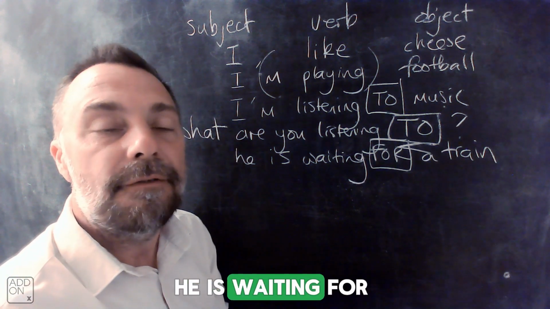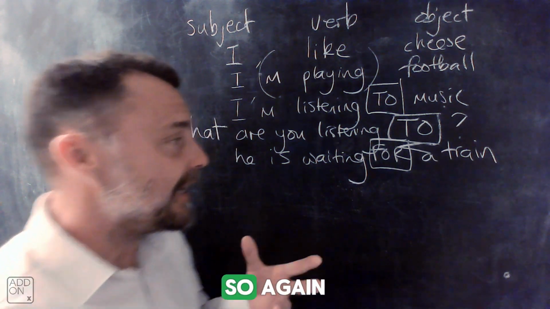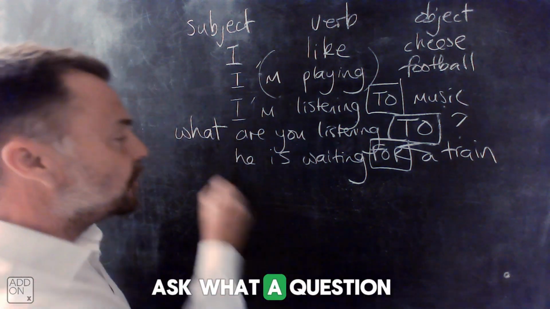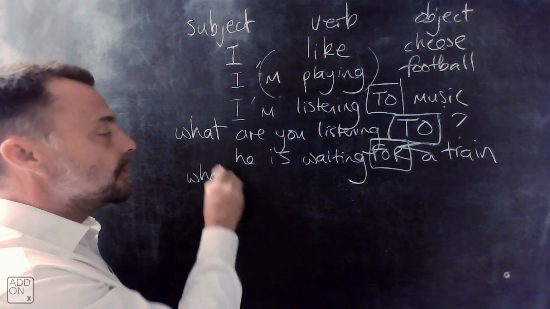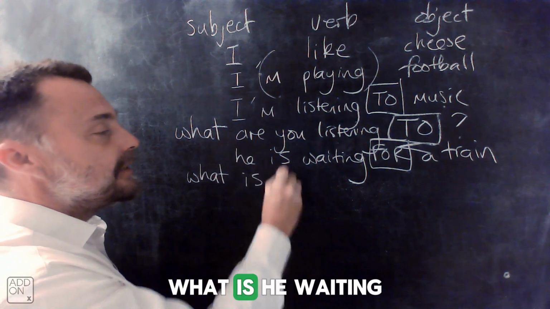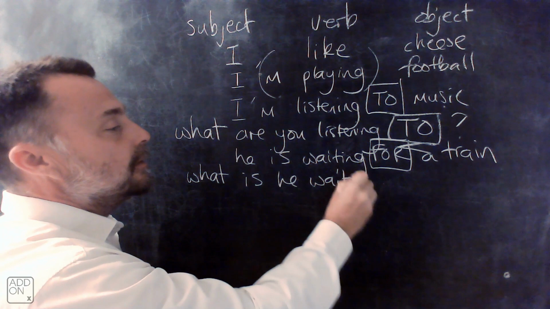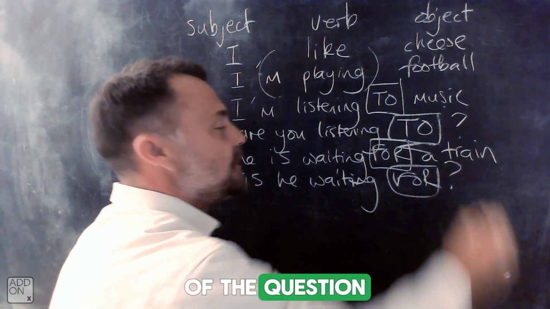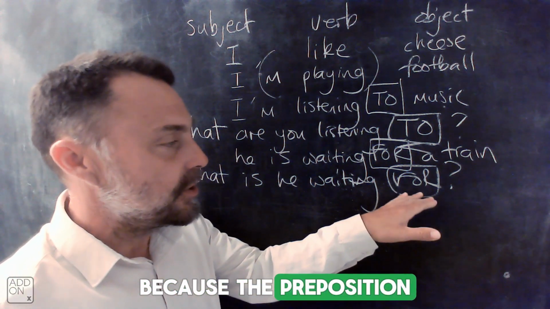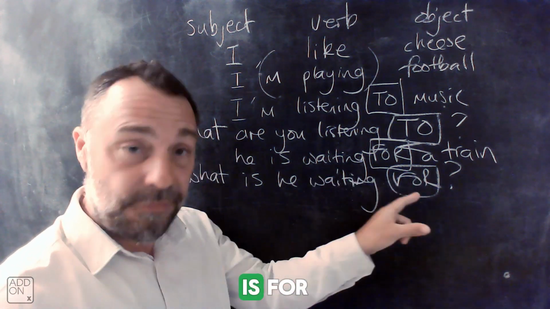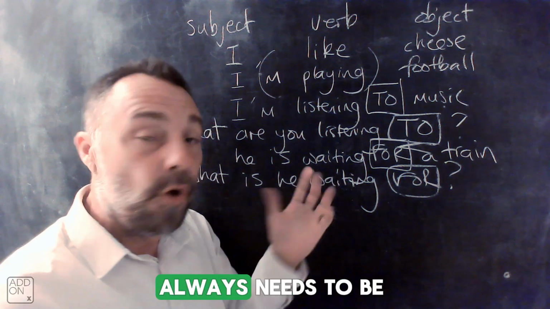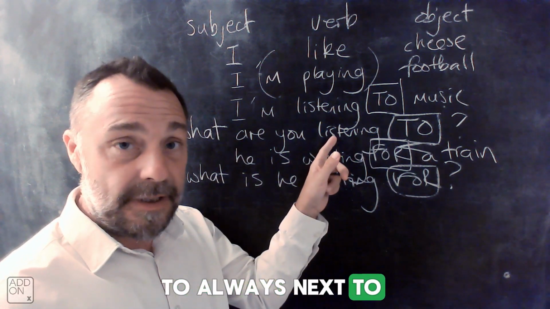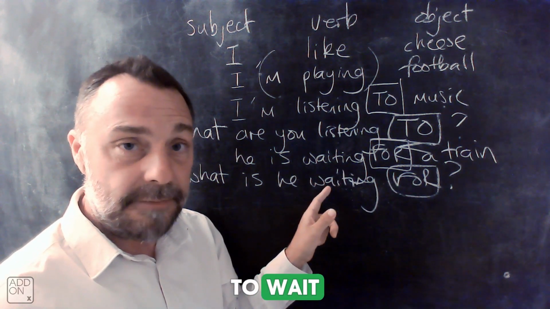So again, if we want to ask a question with what, what is he waiting for? The for is at the end of the question, because the preposition which corresponds to wait is for, and this preposition always needs to be next to the verb. To always next to listen. For always next to wait.